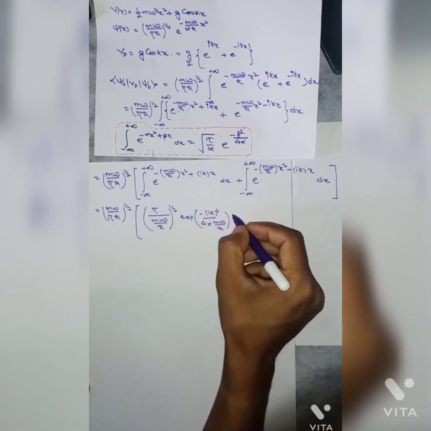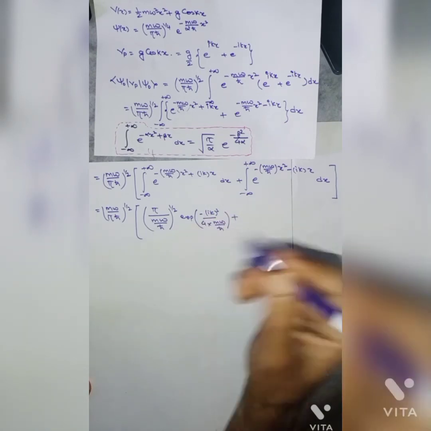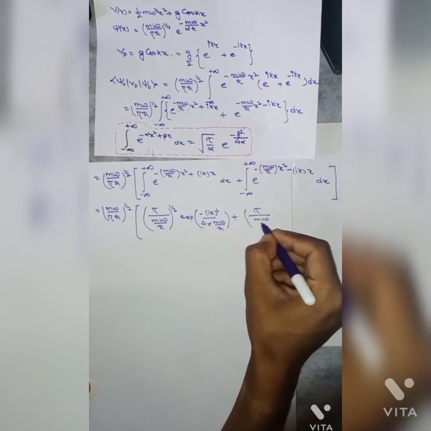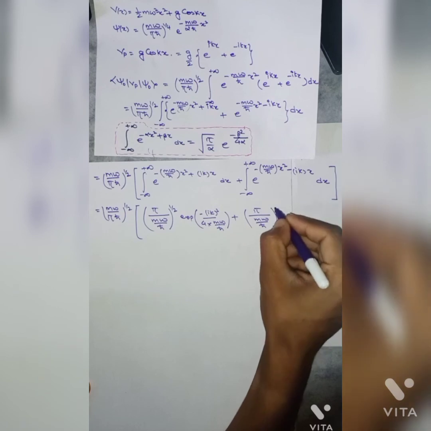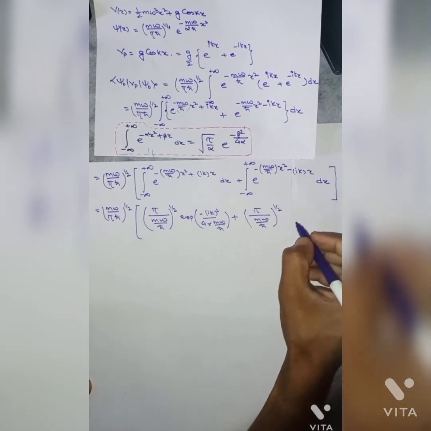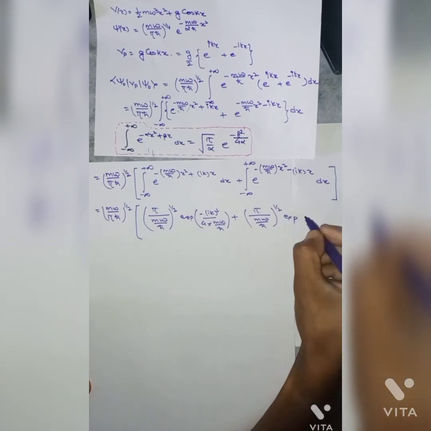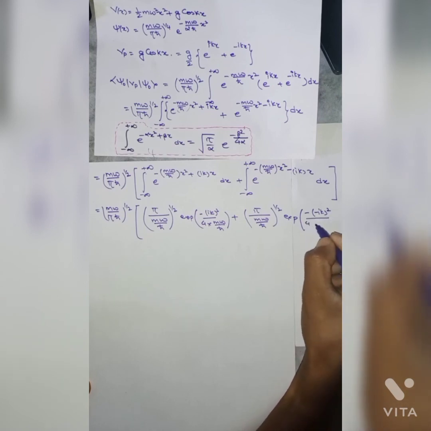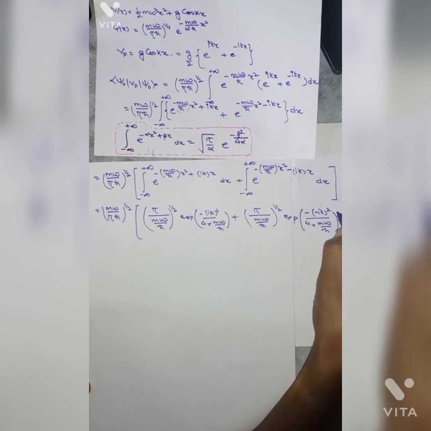One thing is done, plus similarly the second term, pi upon mω/ħ whole to the power 1/2, exponential minus (ik) squared upon 4 mω/ħ, and the bracket is closed.